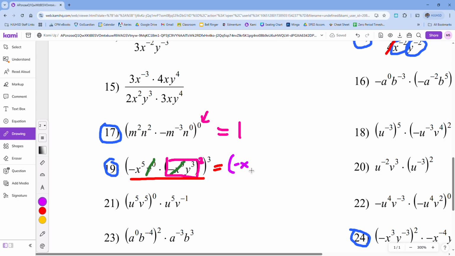Oh, I'm sorry, it's not a negative x, it's just negative x to the 5th. Well, then it's fine the way it is. Times y to the 6th. Now let me use the color. Let me use y to the 6th. And this whole thing is cubed.